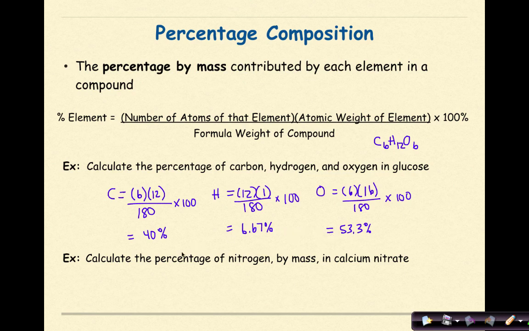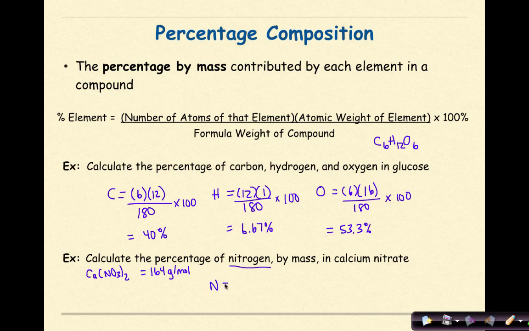Let's look at another example. Calculate the percentage of nitrogen by mass in calcium nitrate. We just worked with calcium nitrate in a previous problem, so we know that the formula for calcium nitrate is Ca(NO3)2, and we also know that the formula mass of calcium nitrate is 164 grams per mole. So what we need to figure out is just the percentage of the nitrogen.